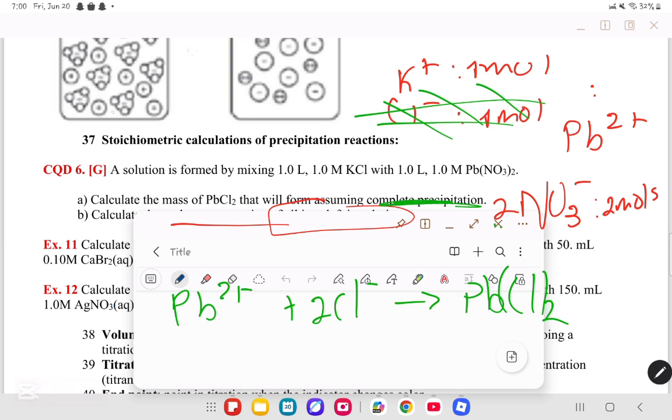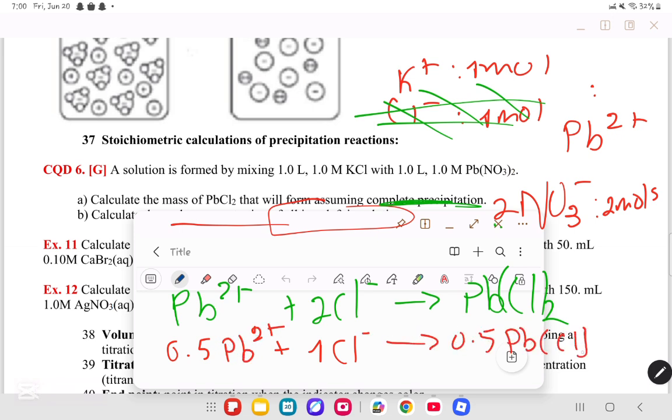But we took it based on the limiting factor. So this is 1 Cl, and this will become 0.5 Pb, and this will become 0.5 PbCl2, right? So 1 mole of Cl minus was completely used, but we used how many moles of Pb2 plus? We used 0.5 moles of Pb2 plus, right?